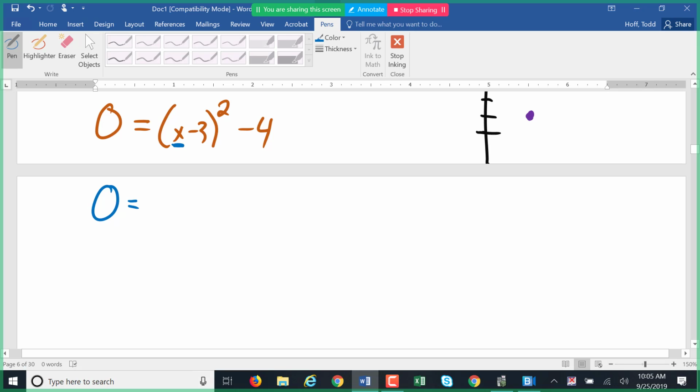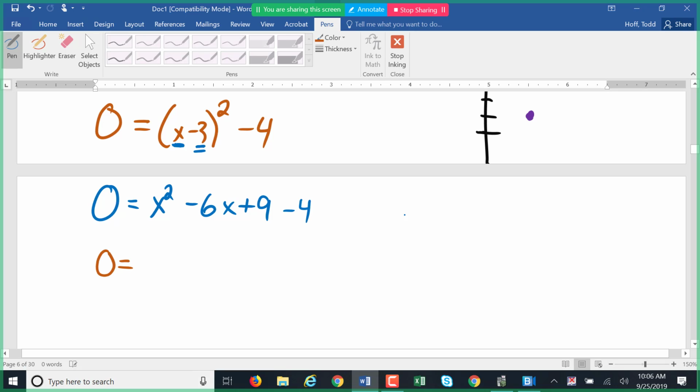The first term will be this first term squared, so that's x squared. The second term is found by multiplying the two terms and then times 2. x times -3 is -3x, times 2 is -6x. The third term is the second term squared. -3 squared is +9. Then of course we've got the -4 there.